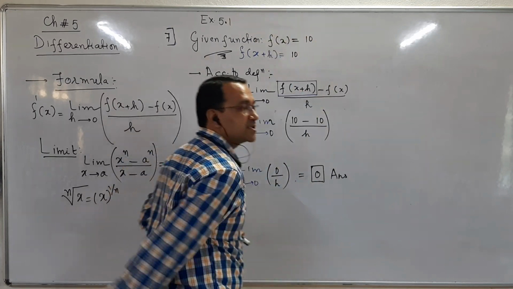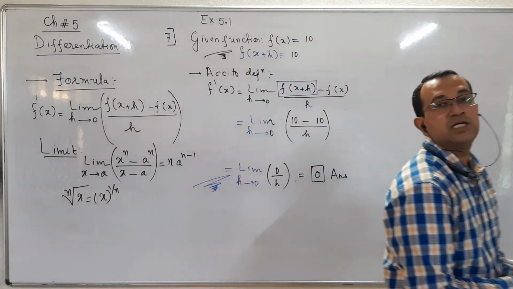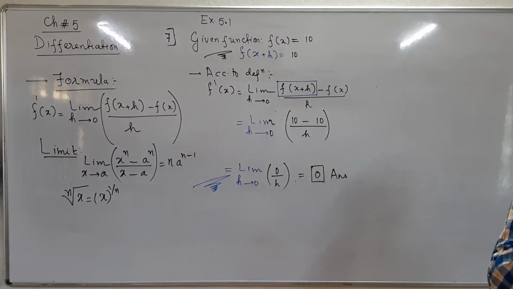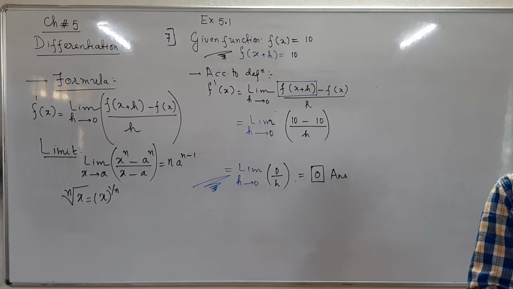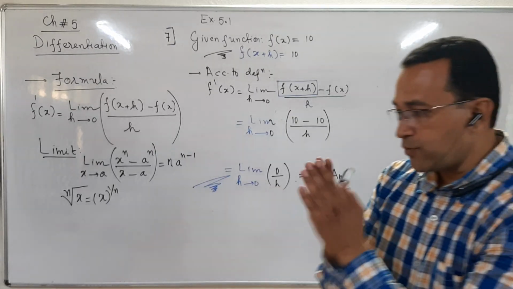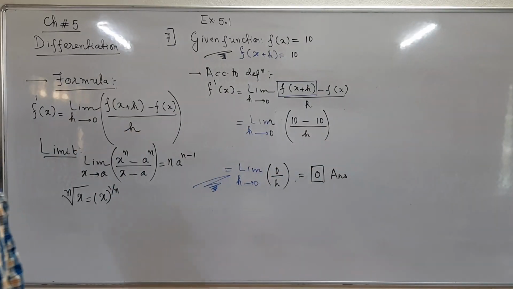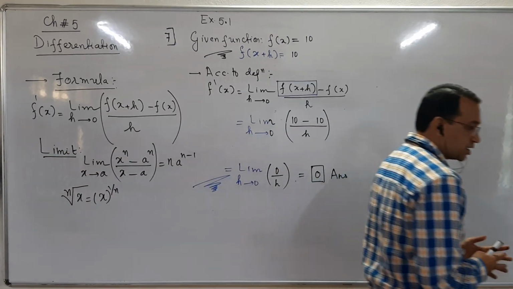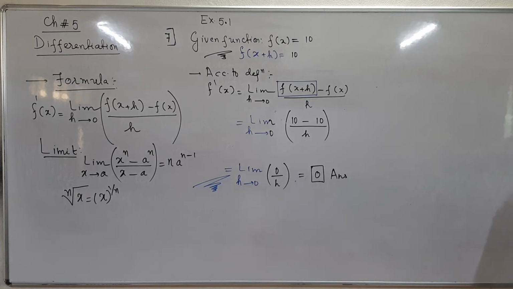It means, students, the derivative of a number is 0. If I write 10 or 100 or 20 or minus 2 or root 2 or root 5 or 7 by 9 or 11,000 or 10 crore, the derivative of all these values will be 0. So we have come to a new conclusion: the derivative of a number or a constant is 0.